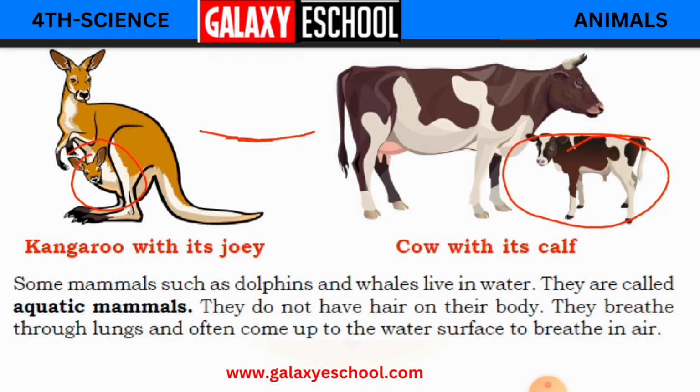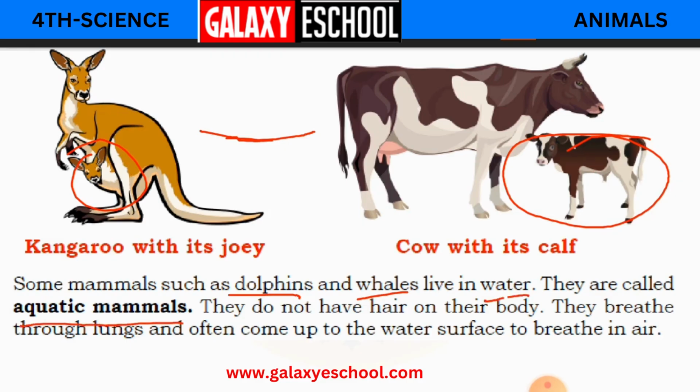Some mammals such as dolphins and whales live in water. So there are other mammals which live in water, and they are dolphins and whales. Most mammals live on the ground, but some mammals like dolphins and whales live in water, and they are called aquatic mammals.